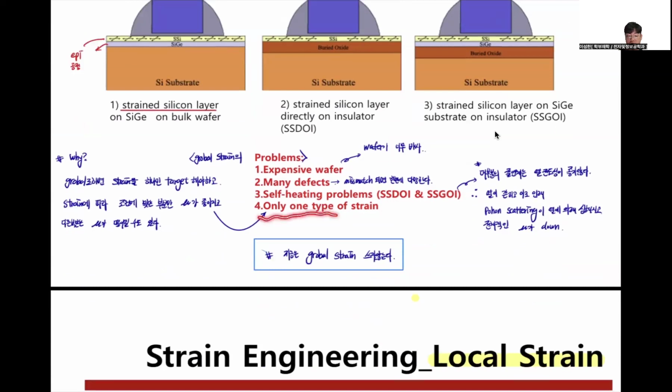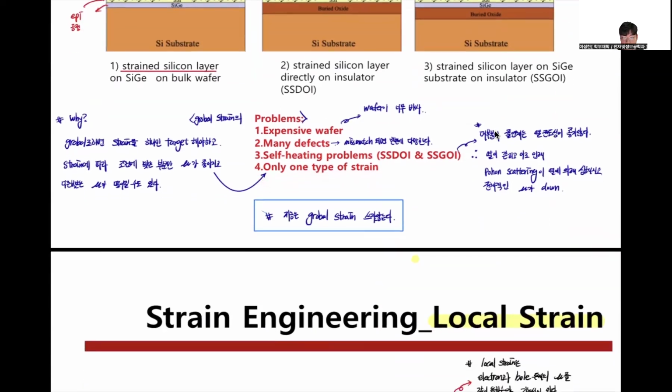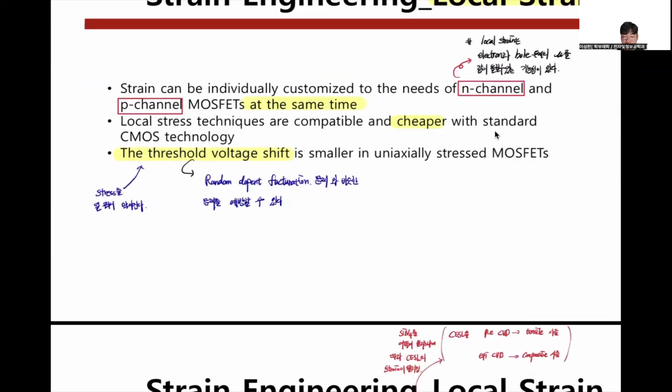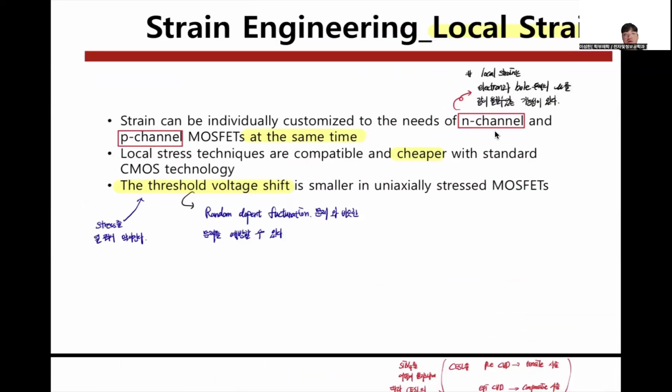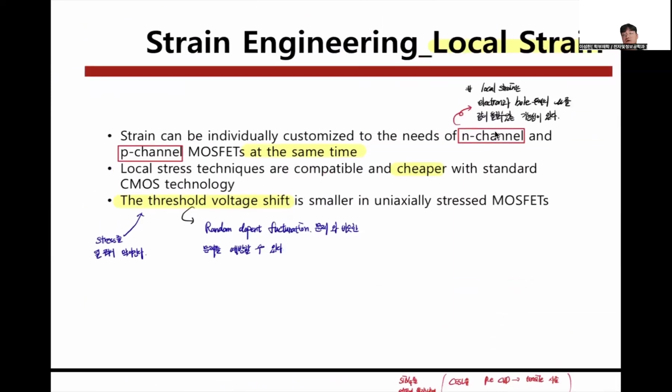The conclusion is that nowadays we don't use global strain much. We use local strain because we can apply strain to part of the wafer.